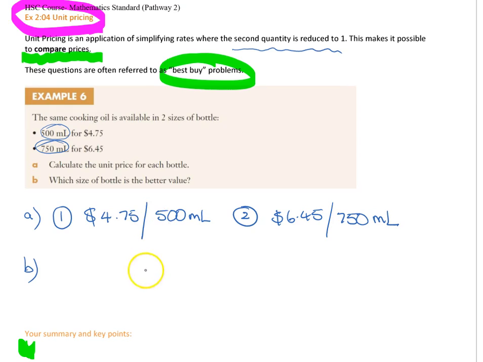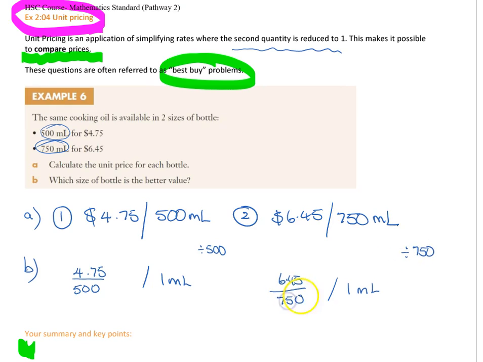Okay, we want to know how much 1 ml of this will be. I'm sure you have perfected this from the last exercise, and you know that you've got to divide by 500. So the step you're doing here is $4.75 divided by 500, and likewise over here you want to reduce this also to 1 ml, so you'll do $6.45, but this time to reduce to 1 you need to divide by 750.